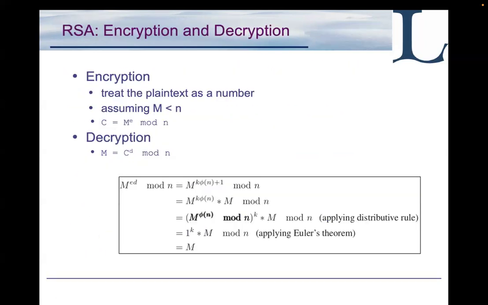This k phi n means that you take some multiple of phi of n and add one. So basically, you take away one of the elements from the product.